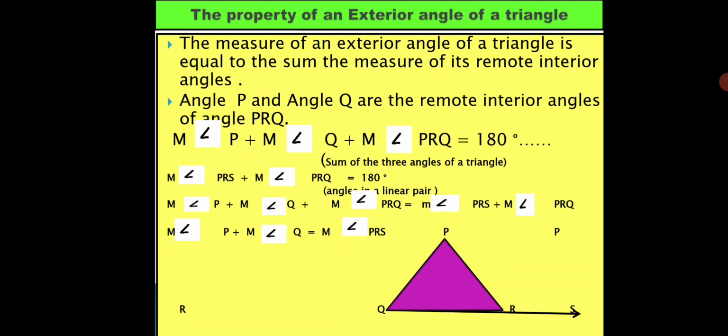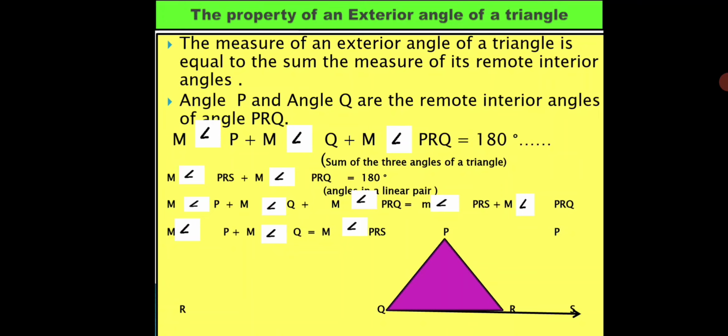Now in the next step, angle P plus angle Q plus angle PRQ is equal to angle PRS plus angle PRQ. So in this step, we will subtract angle PRQ from both sides, as we got here angle P plus angle Q is equal to angle PRS. Okay students?